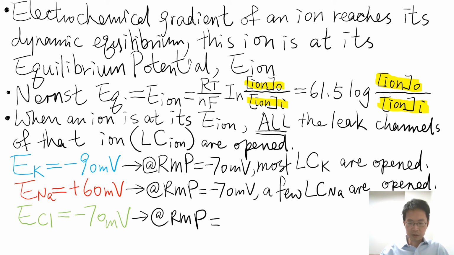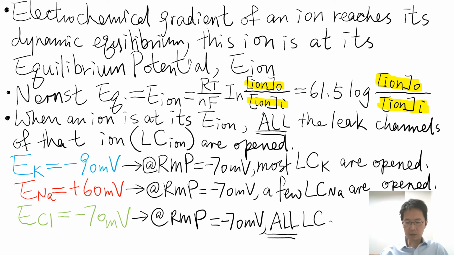So at resting membrane potential, theoretically all the leak channels of chloride are open. I'm running out of space, but I want to write: open theoretically.